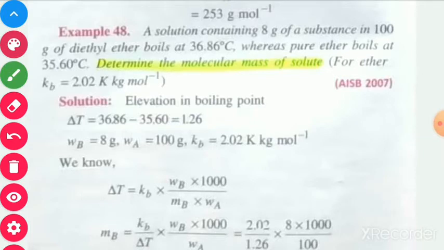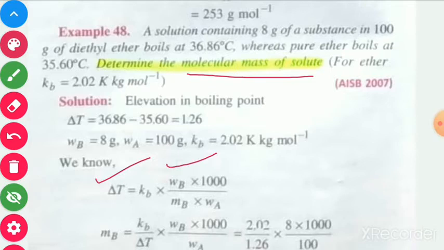In this question we have to find out the molar mass of solute. Again we know that elevation in boiling point, that is delta T or delta Tb, is equal to Kb into Wb into 1000 upon Mb into Wa.